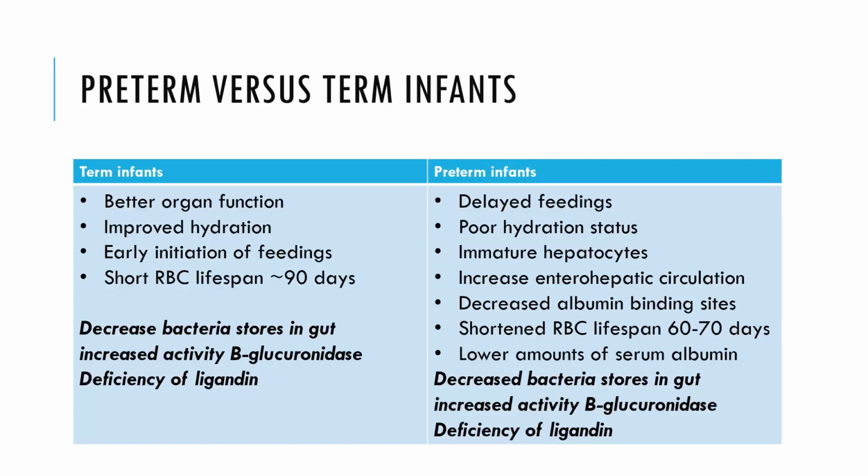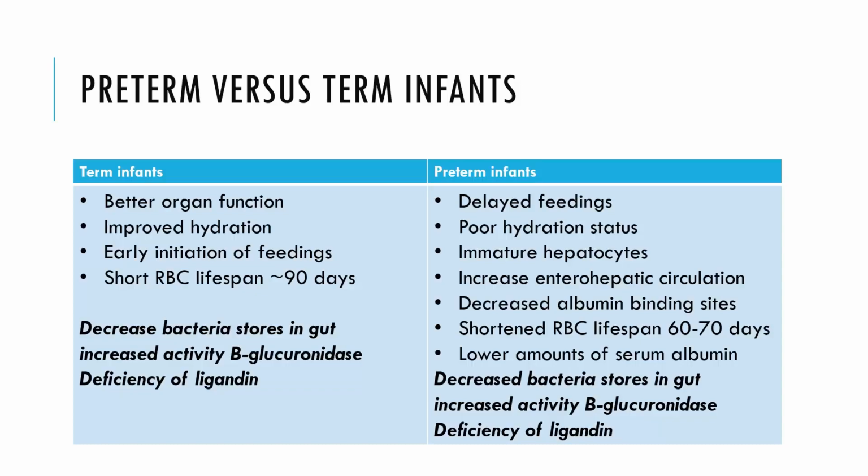Immature hepatocytes, immature liver. Your hepatocytes just aren't functioning because you're early. You weren't ready to be born yet. Your liver's trying to work, but just can't get it together. Increase in intrahepatic circulation, we just talked about that.